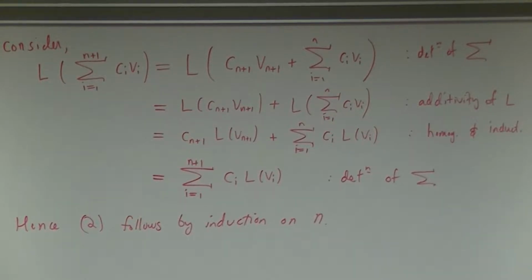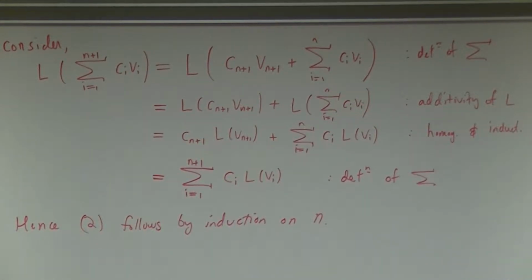There you go. There is a relatively careful proof that the image under a linear transformation of a linear combination is in fact the same linear combination of the images.